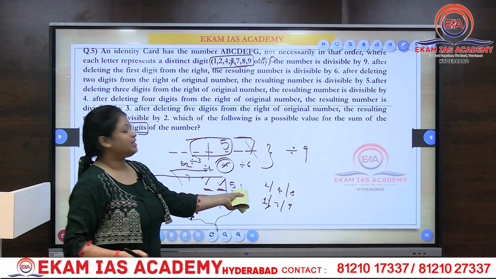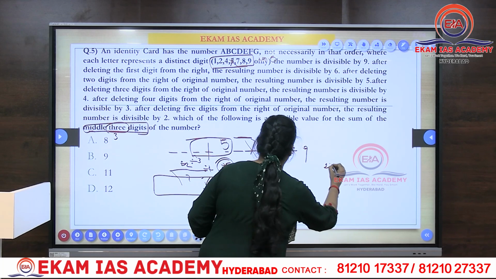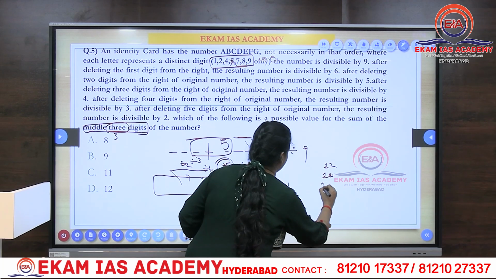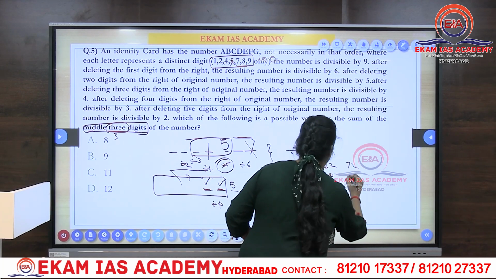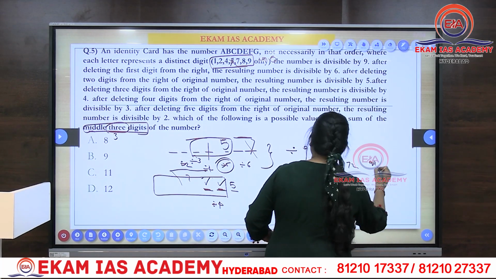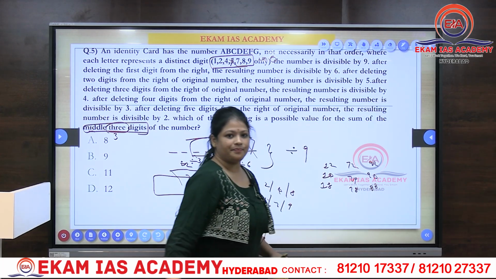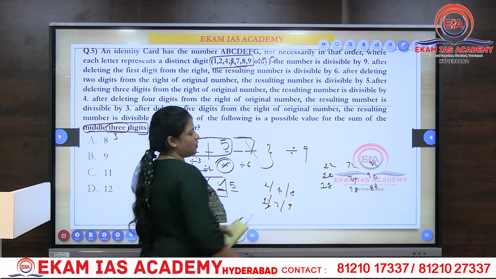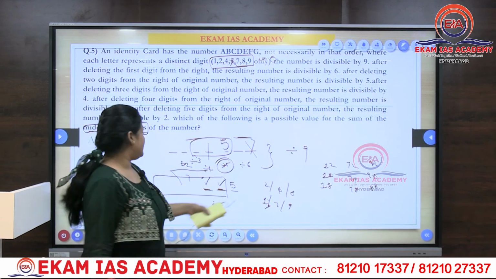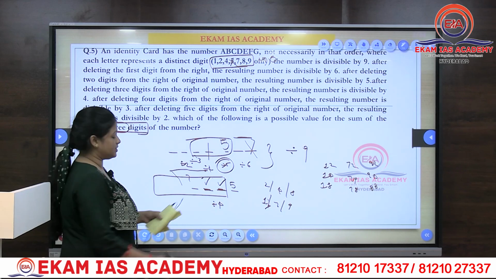Writing the possibilities of the combinations of these two sets, we can write 12, 14, 18, and so on. So, these are the possible numbers we get for filling these places.